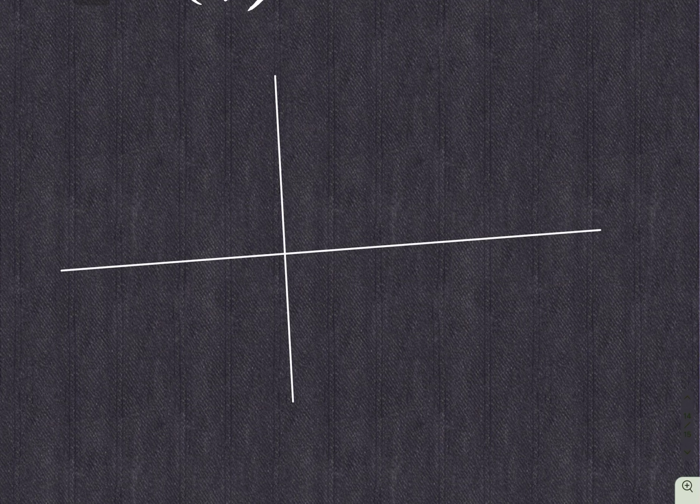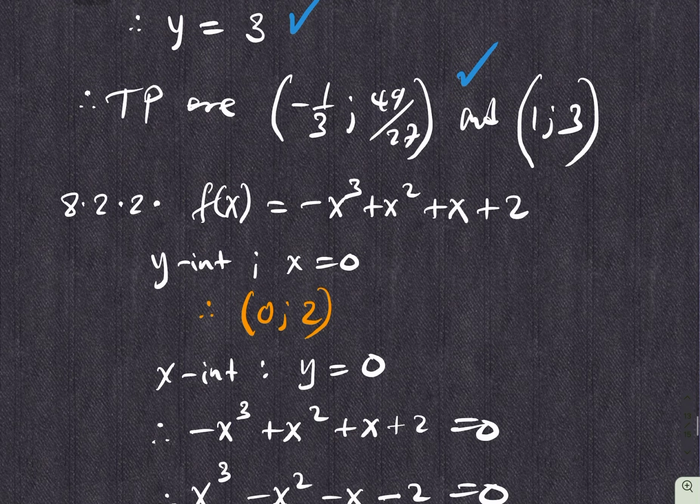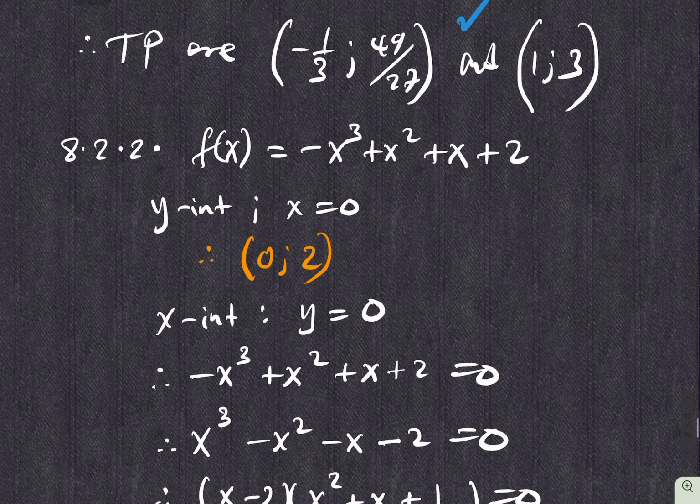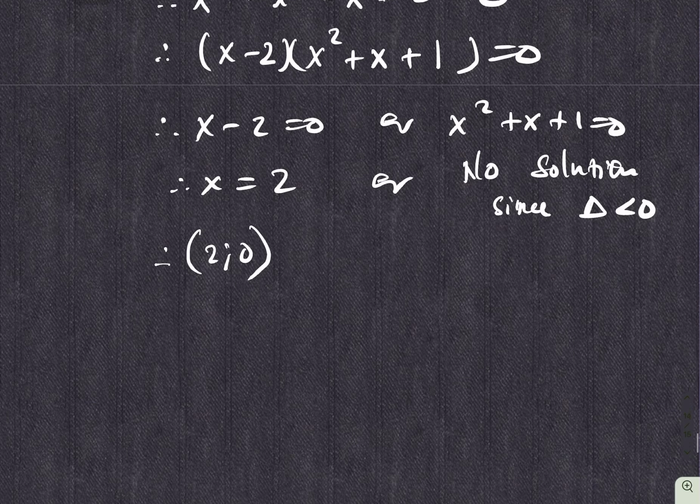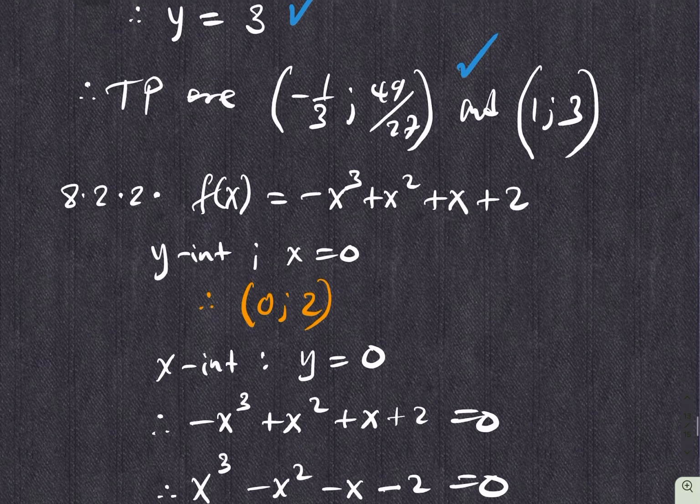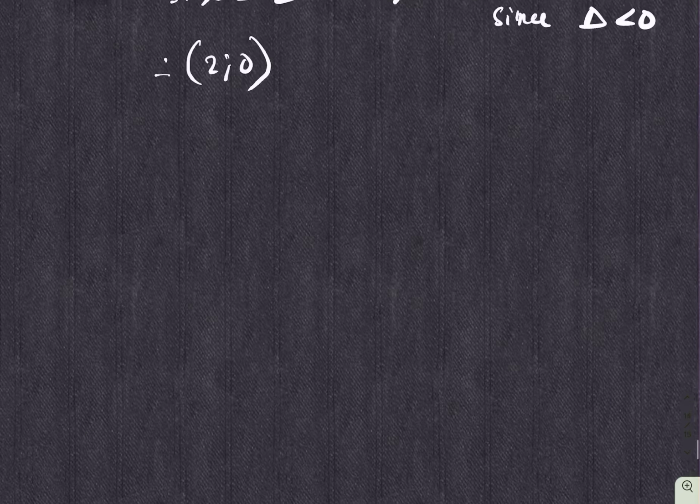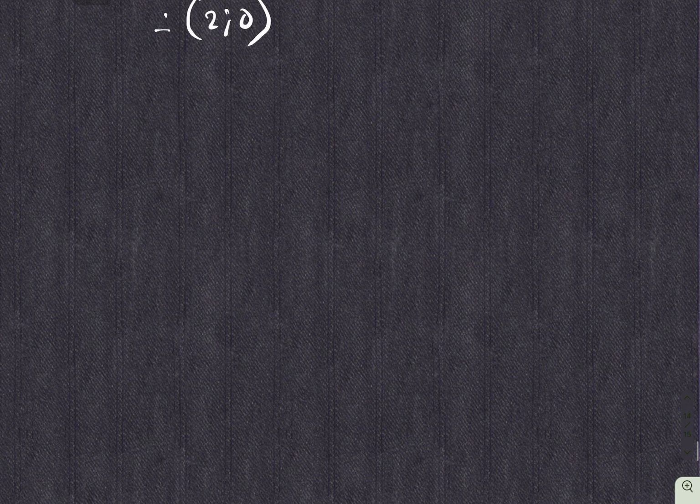So I'm going to draw this graph. This graph is going to behave like this. A is negative, so this graph will have one x-intercept. Please get that: A is negative, so I need to have that shape. Let me draw it nicely.